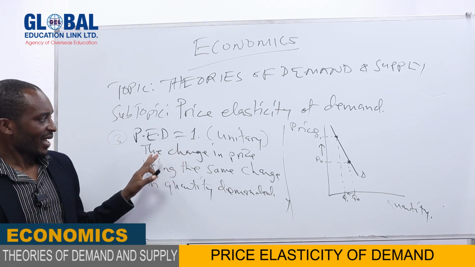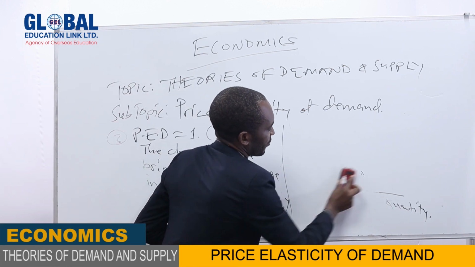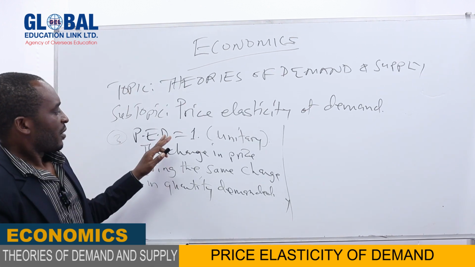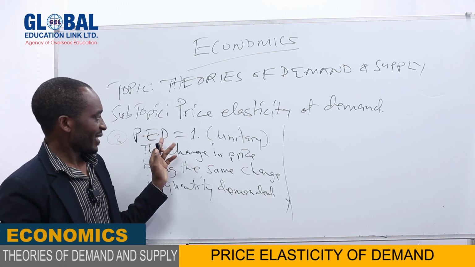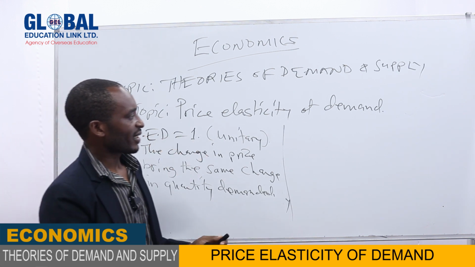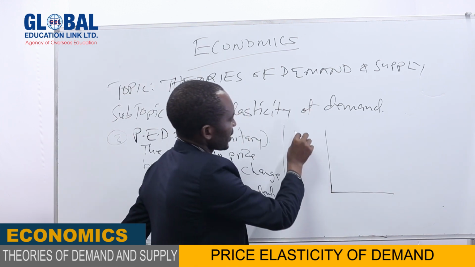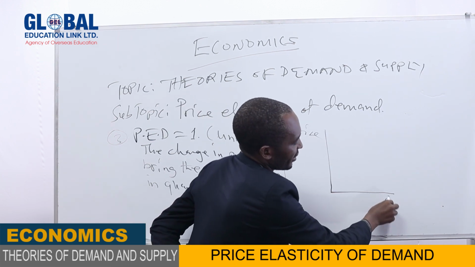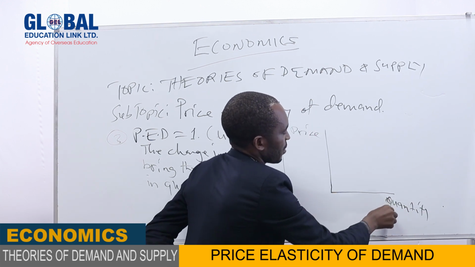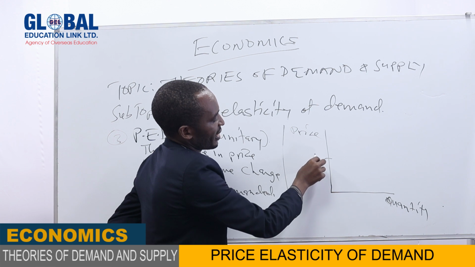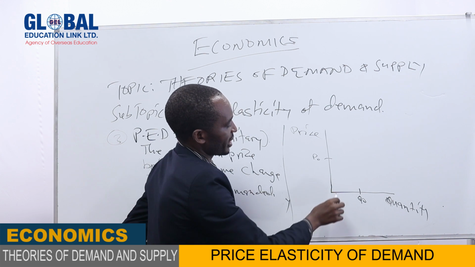Now, graphically, this one will be shown as follows. For the case of price elasticity equal to 1, graphically it will be like this one. Here will be price, and here is quantity. So assume here is the original price, and here is the original quantity.